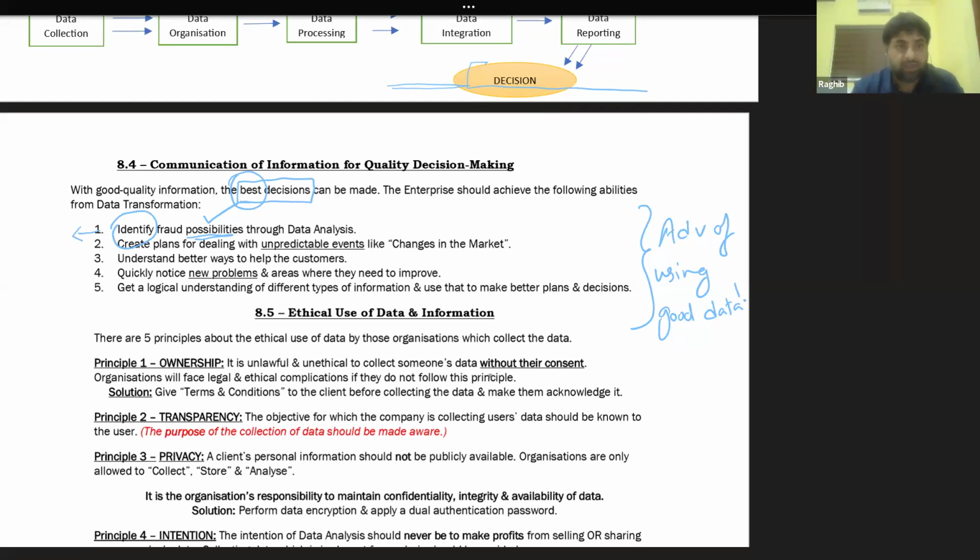Okay. Now, the next one, create plans for dealing with unpredictable events like changes in the market. Changes in the market happen from various kinds of reasons.